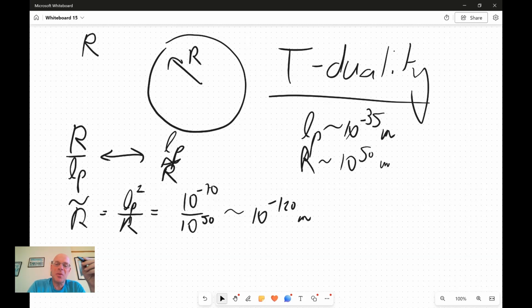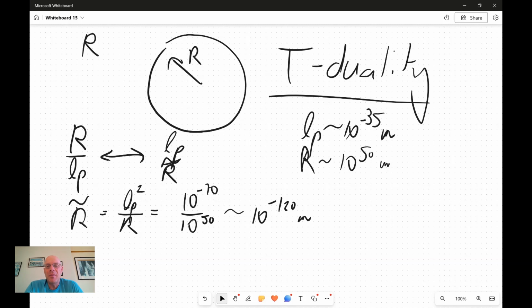We can describe a universe with a huge radius with respect to the Planck scale using a different description of the same universe, a dual universe with a radius of 10 to the minus 120 meters, a tiny radius.